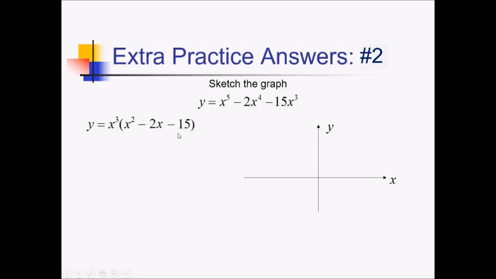And now I can factor a little more inside there. I need factors of -15 that add up to -2. I believe +3 and -5 would do the job. There aren't too many other choices. So we can have x cubed in the beginning still. Don't want to lose that. X plus 3 and x minus 5. Zeroing out each factor, that's going to give us roots of 0, -3, and +5.